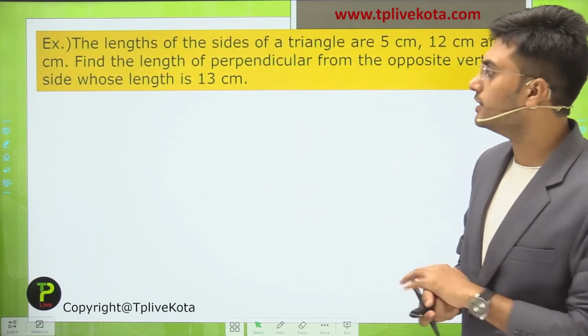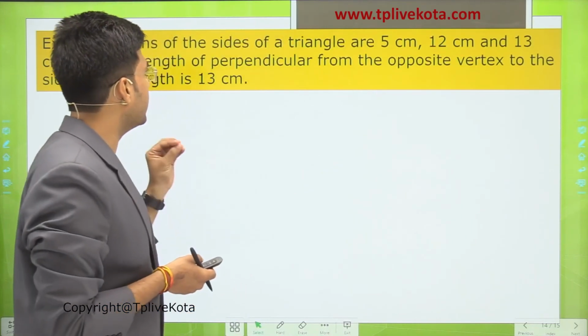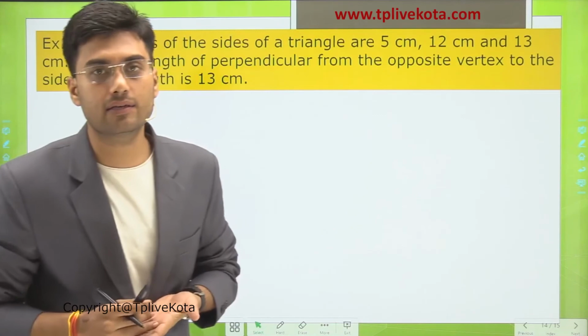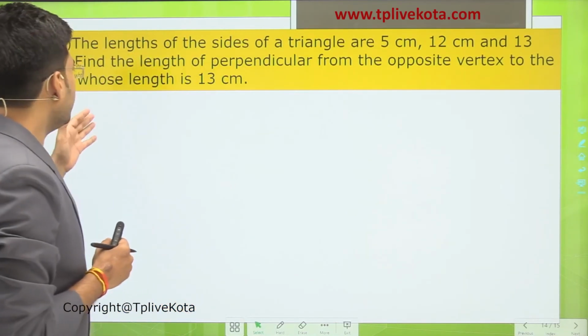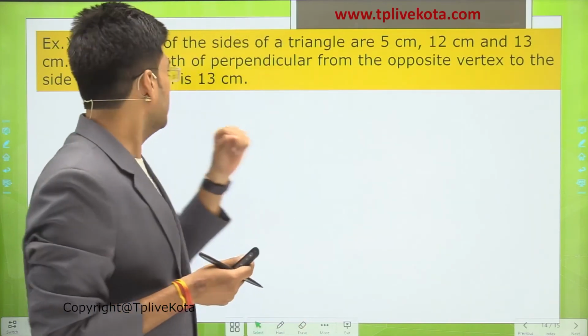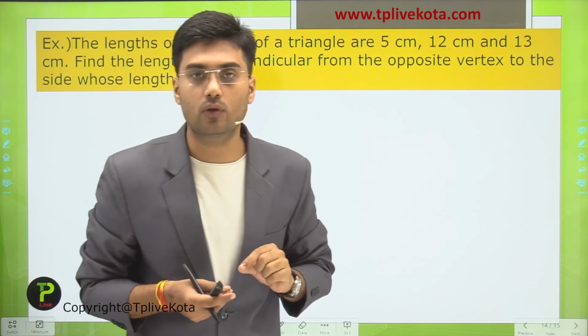And the next question is, the length of sides of triangle are 5 centimeter, 12 centimeter and 13 centimeter. Find the length of perpendicular from the opposite vertex to the side whose length is 13 centimeter. Okay.